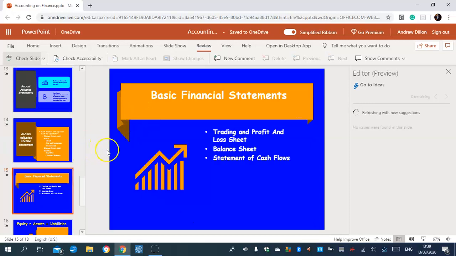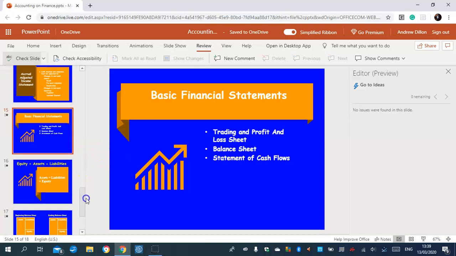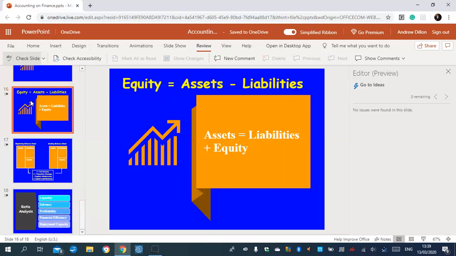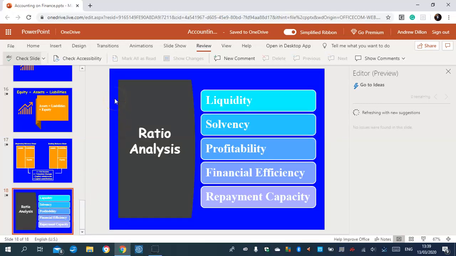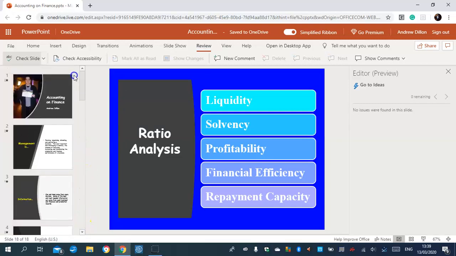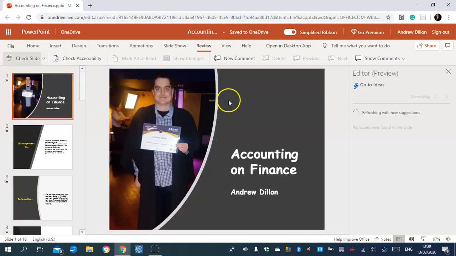The basic financial statements. Equity equals assets minus liability slide. The beginning and ending balance sheet charts. The final slide, ratio analysis. There are no errors on the slides, so that's it.